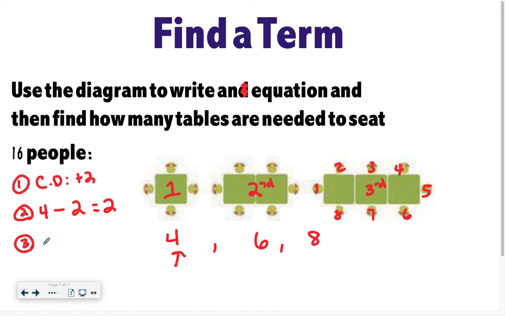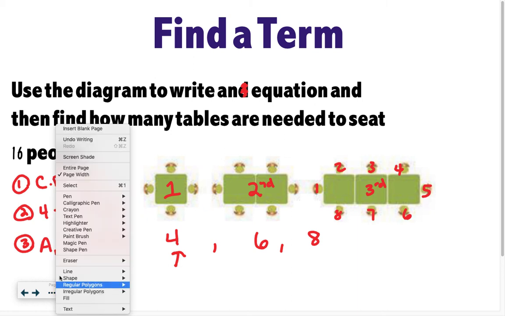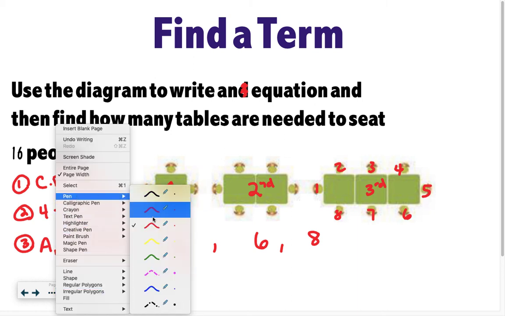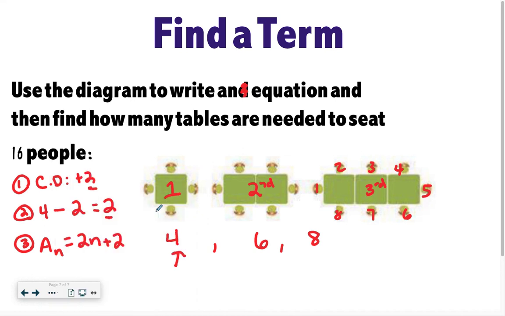Third step, you write A of n, so that way we know we're talking about an arithmetic sequence, equals our common difference, so 2 times n, plus the number we got in step 2, which is 2. So that's my equation.